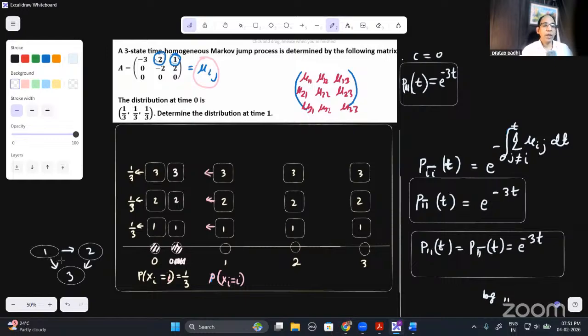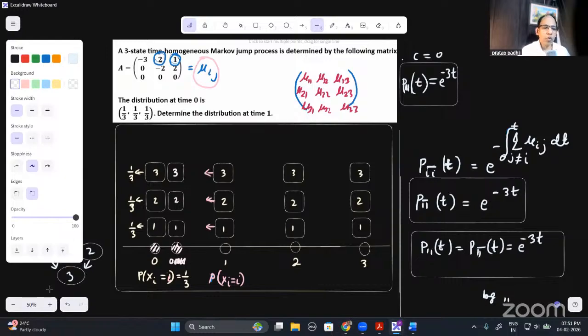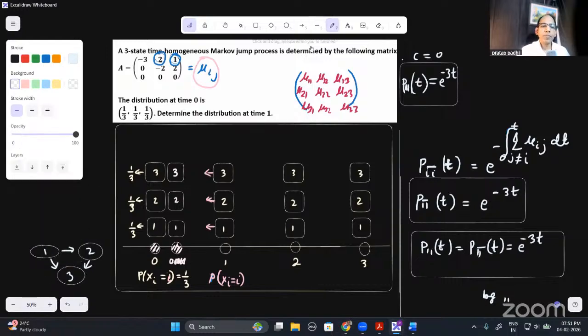Once you leave this state 1, there is no way you can come to 1. So what we are saying is, when we talk about occupancy probability, suppose I write like this, and these are the states, here 1, this is the time. In this time, what is the probability that continuously you stay here?